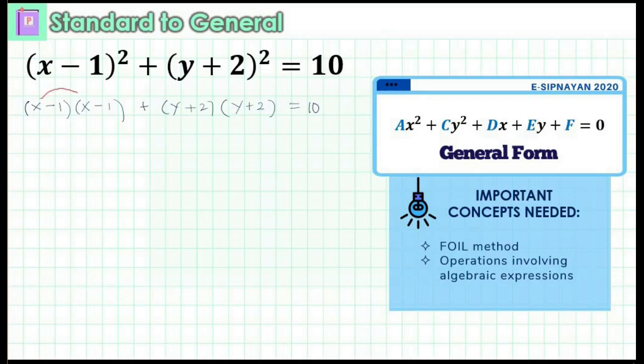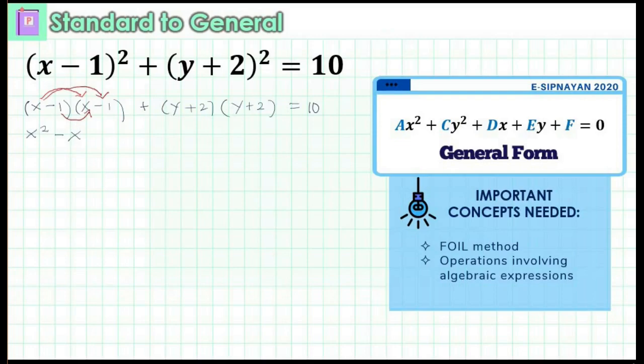So let's first proceed with the x terms. So x times x is equal to x squared. Next, we multiply x with negative 1. So x times negative 1 is simply negative x. Moving on, let's now multiply negative 1 to x.